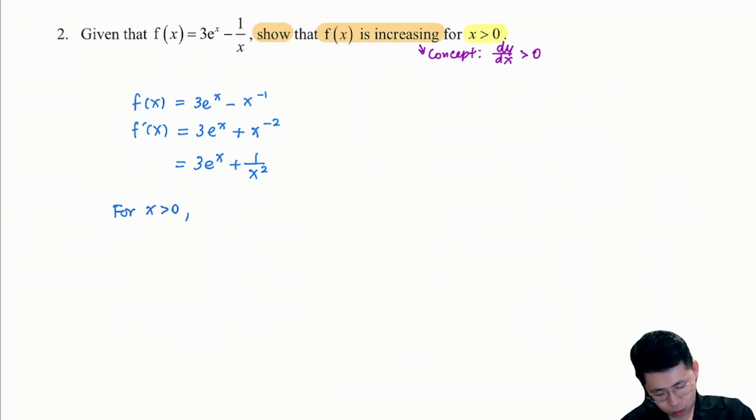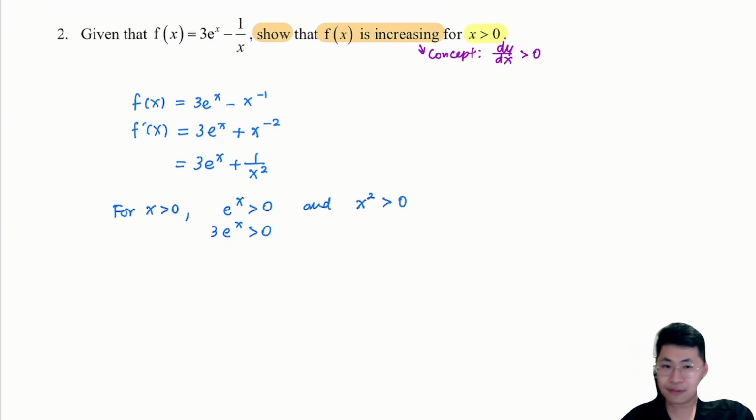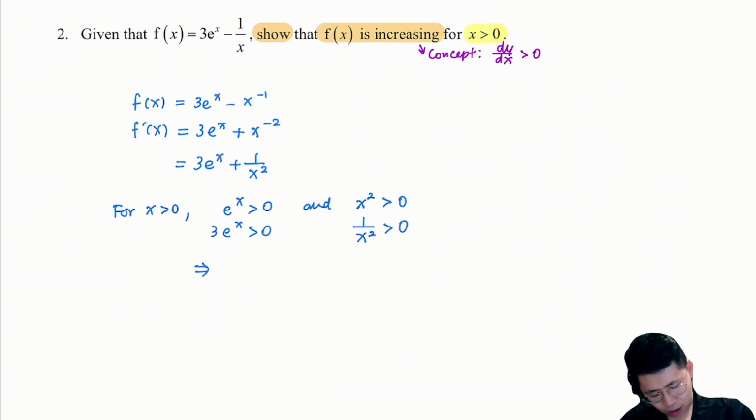So for x positive, e^x is always positive. 3e^x is also positive. And at the same time, x squared is positive, and 1 over a positive number is also a positive number. So adding together, 3e^x plus 1 over x squared is more than 0. So f'(x) is more than 0. So the conclusion is f(x) is increasing.